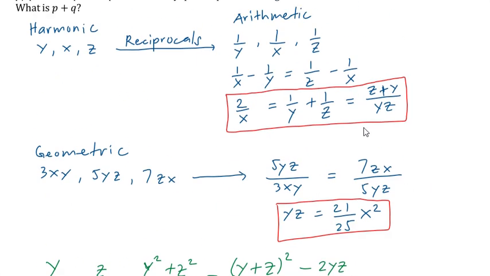Let's go back to our two equations on top. Now let's try multiplying these equations. So I'll place 2 over x and 21 over 25x squared on one side and the other two on the other side so that I can cancel x and yz.